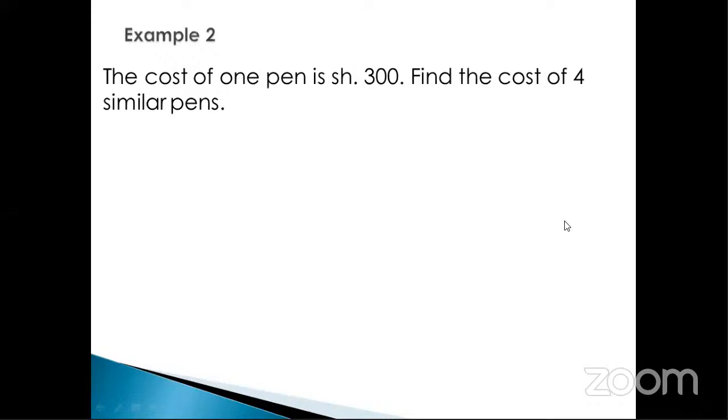Can we hear from some people? Tendai, how are we going to get the cost of 4 pens? Yes, teacher. Go ahead and explain to us how you are going to get the cost of 4 pens.